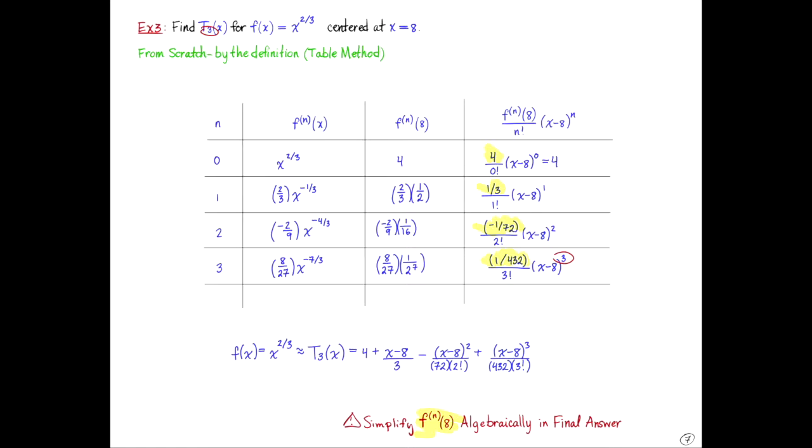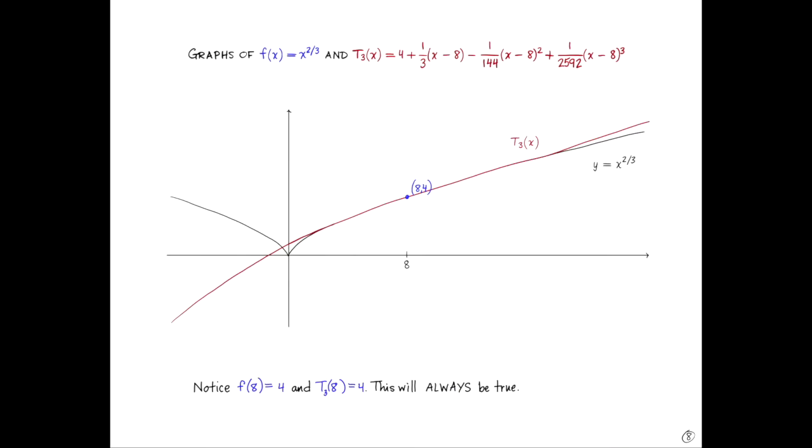Let's take a look at this geometrically. In black, we have y equal to x to the 2/3, and in red, we have our third degree Taylor polynomial. Notice that at x equal to 8, f of x is 4, and when x is equal to 8, our third degree Taylor polynomial is equal to 4, and all of the other terms after cancel out.